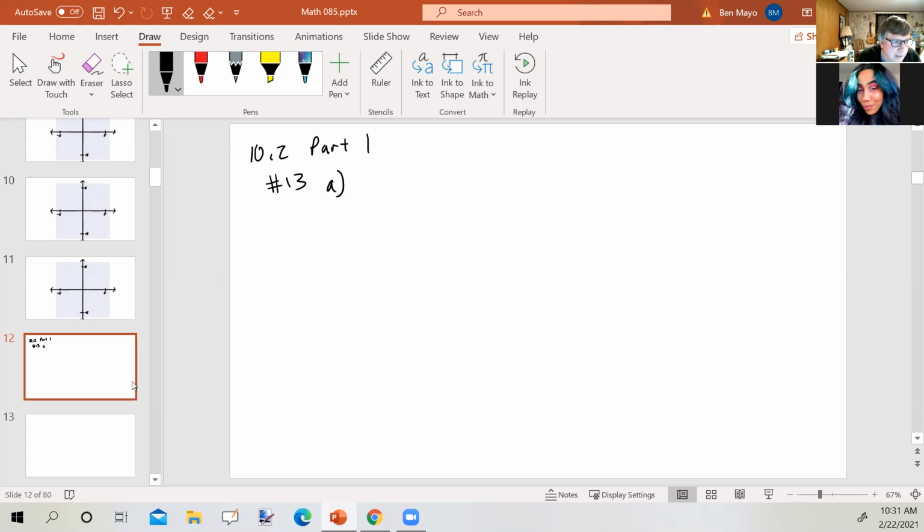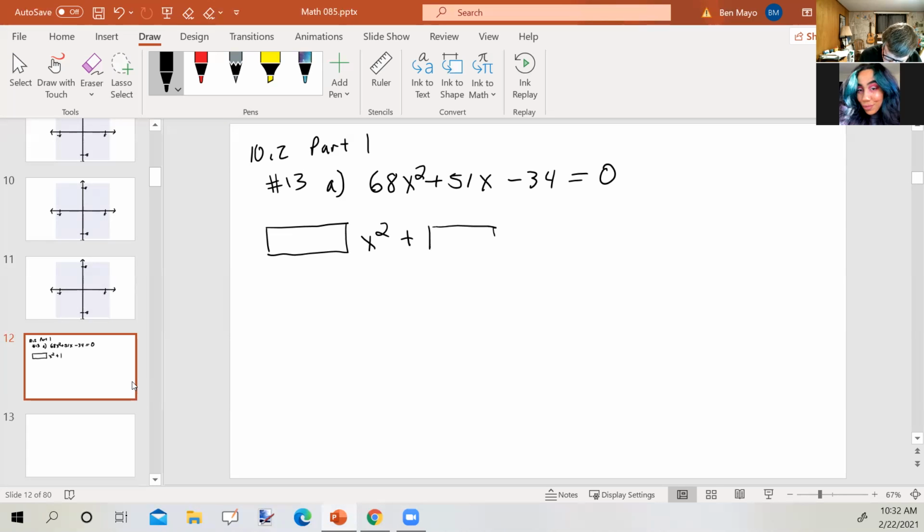In part A, it says 68x squared plus 51x minus 34 equals 0. And what it has written, it has a box for you to put something in, and then it says x squared plus, it has another box to put something in, x minus 2 equals 0.